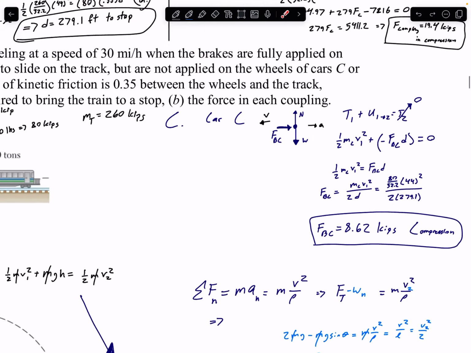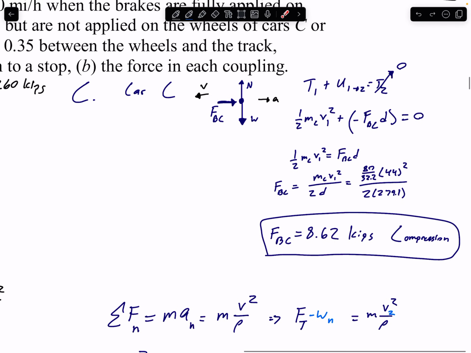And then for the coupling between B and C, we're assuming somehow car C needs to be stopping. So the force is the coupling pushing into it, again in compression to slow it down, then no friction, normal force, weight.